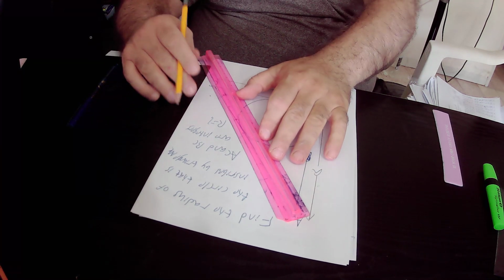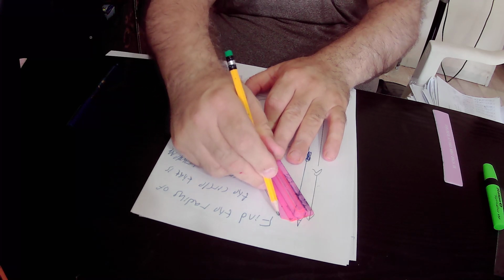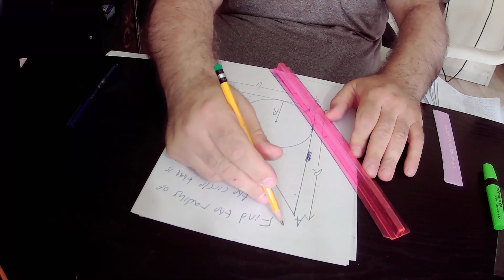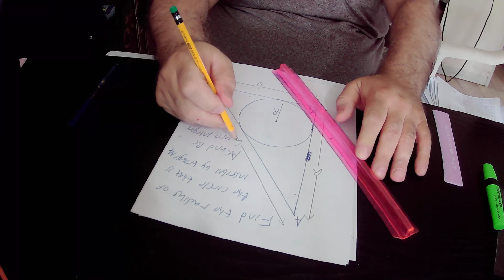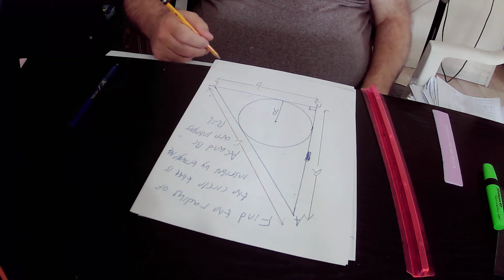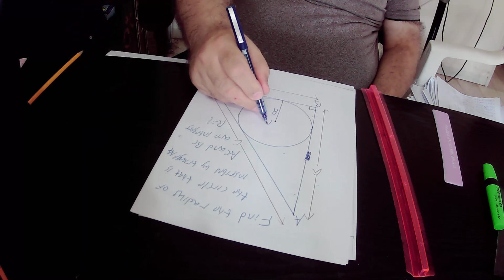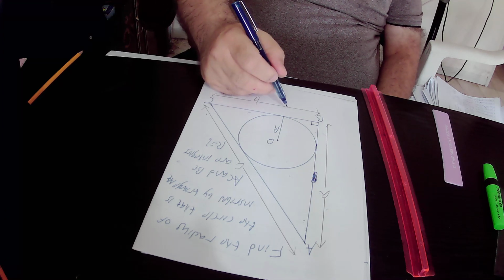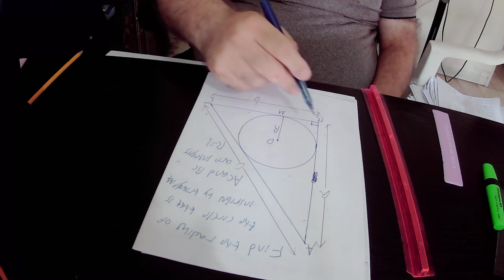And we will define side AC as C. We will define the center of this circle as O. We will define the point of tangency of tangent BC with this circle as M. We will define the point of tangency of tangent AB with this circle as N.